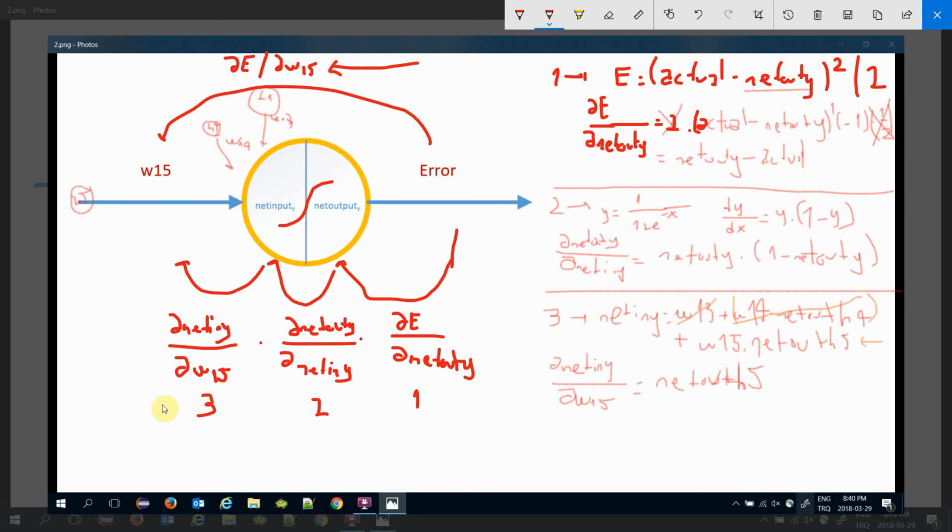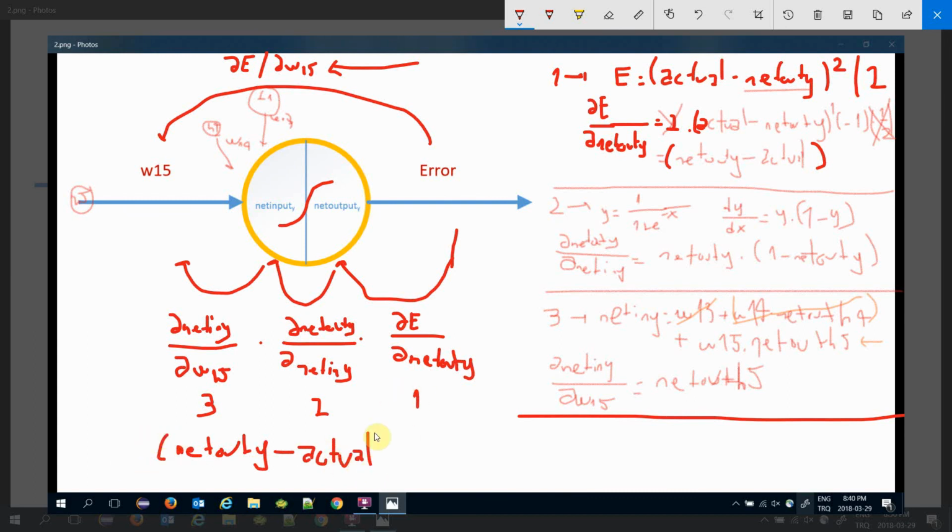We have calculated all of these three equations. We need to multiply them. First one is net output Y minus actual, that's number one's result.